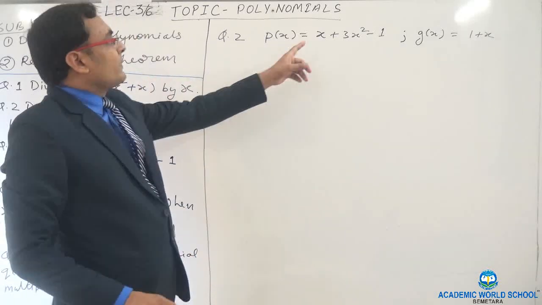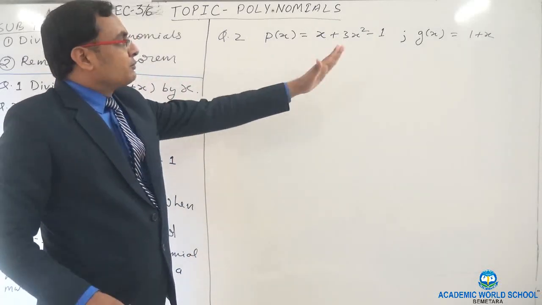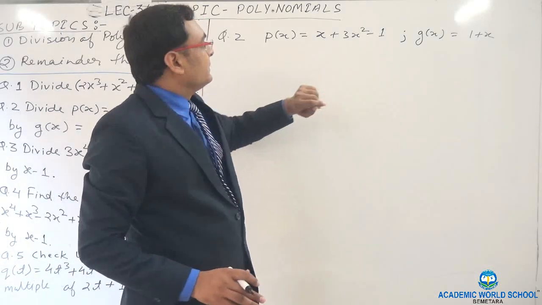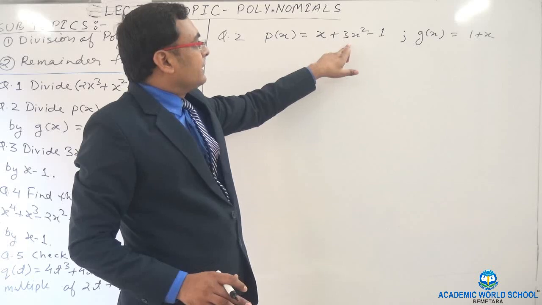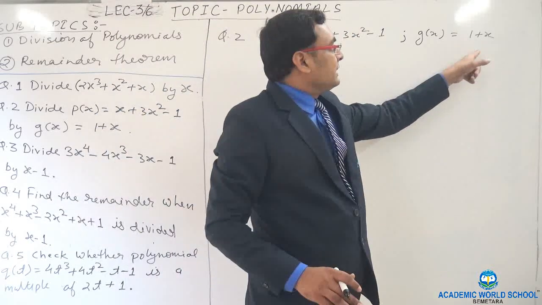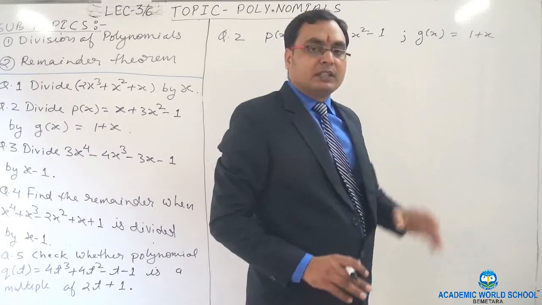Now when we want to divide these polynomials, look here, this polynomial has 3 terms and degree 2, it is a quadratic trinomial. This polynomial is linear and has 2 terms, so it is a binomial.